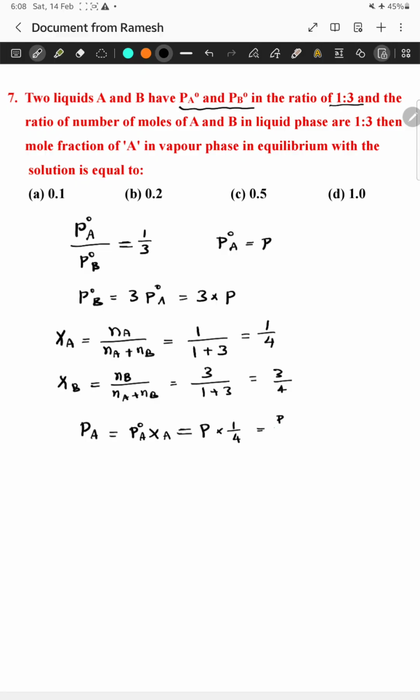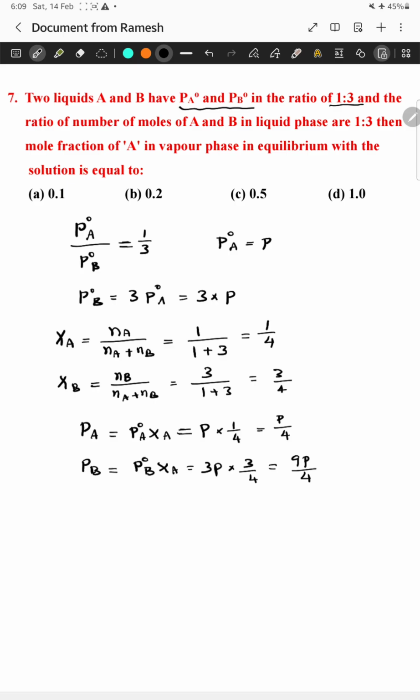So this will be P/4. Similarly, the partial vapor pressure of component B is given by the formula P naught B into chi B. P naught B we have calculated as 3 times P, into chi B, and the chi B value will be 3/4. If you simplify this, you will get 9 times P/4.